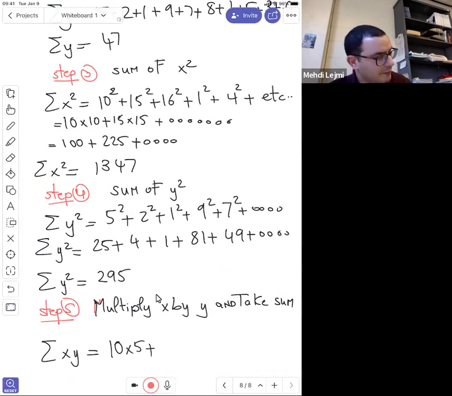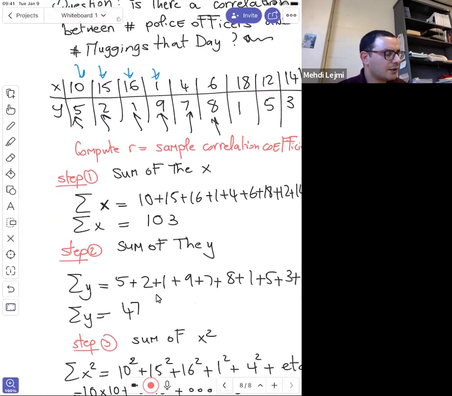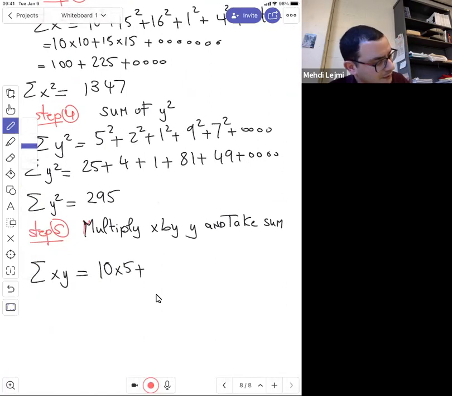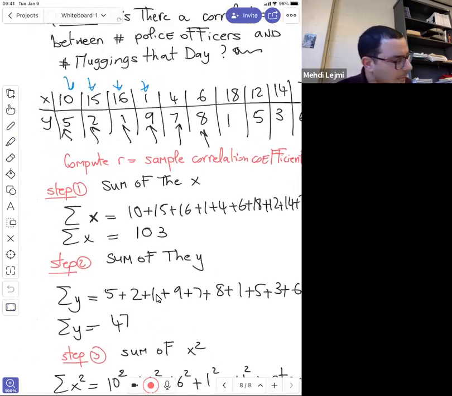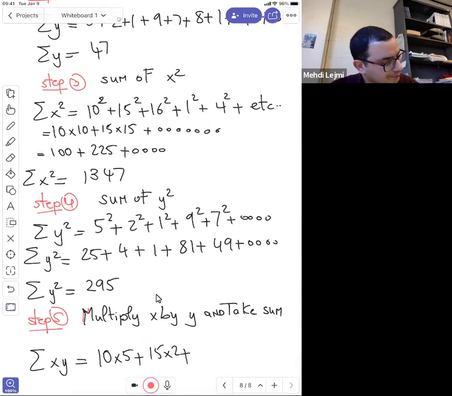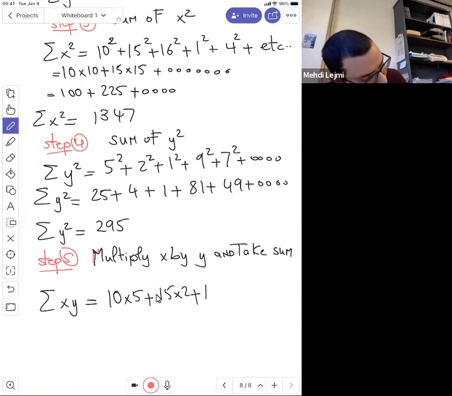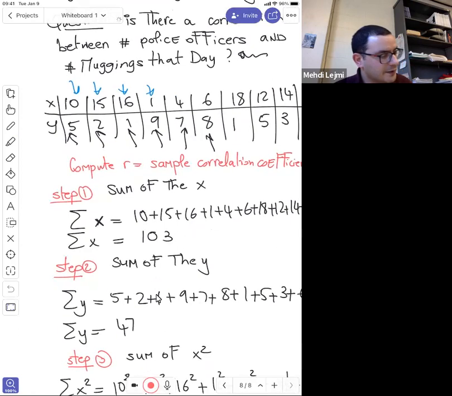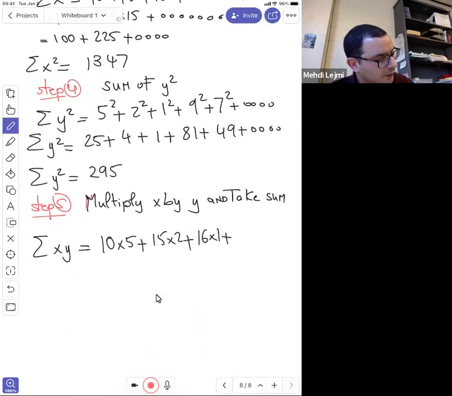Plus the next data pair: x is 15, y is 2, so plus 15 times 2. Next data pair: x is 16 and y is 1, so plus 16 times 1. Next data pair is 1 and 9, so plus 1 times 9. Okay, etc. As I said, we have a sample of 10 days, right?